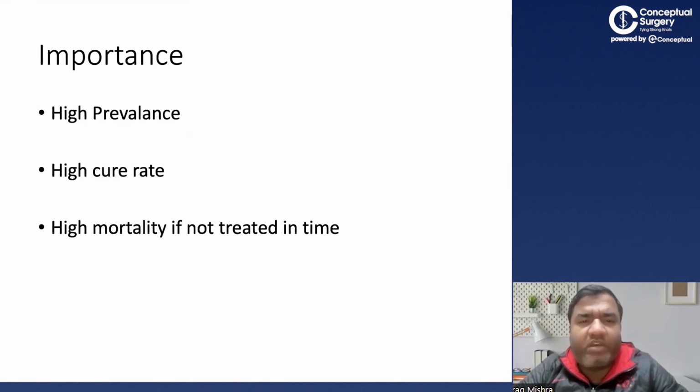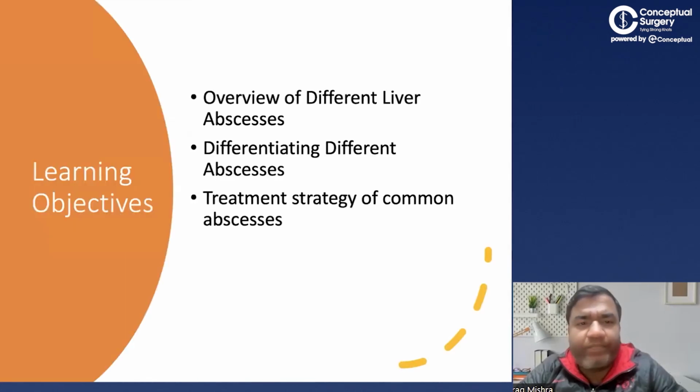And I think this is one such disease. So in this session, we'll try to have an overview of different liver abscesses, differentiating between different liver abscesses, and diagnosing a particular subtype. And then we'll try to work out a treatment strategy of common abscesses which we see.